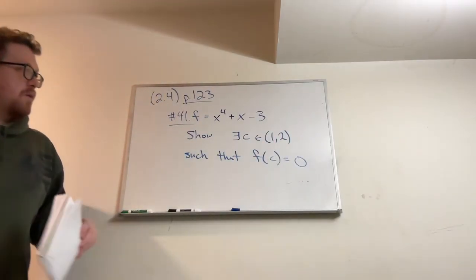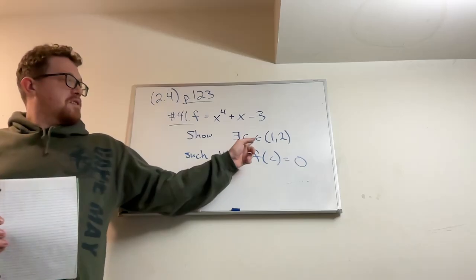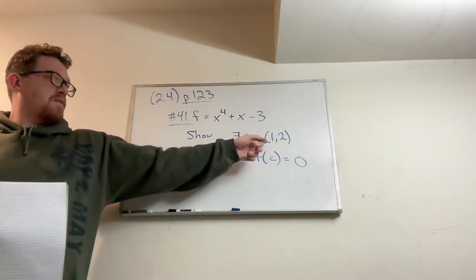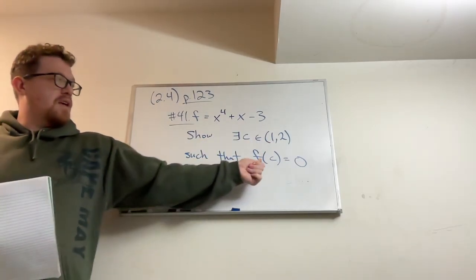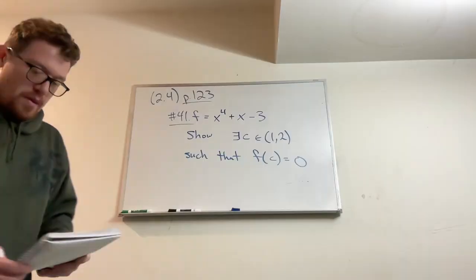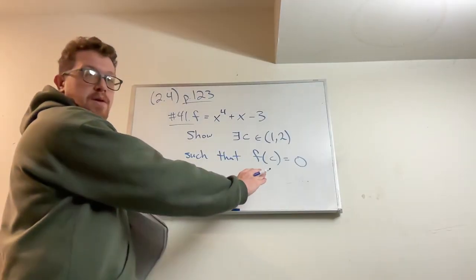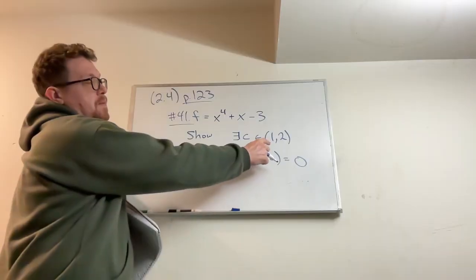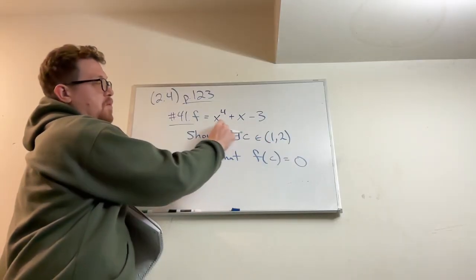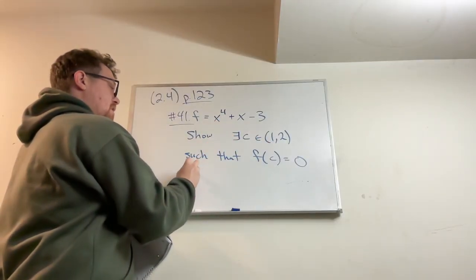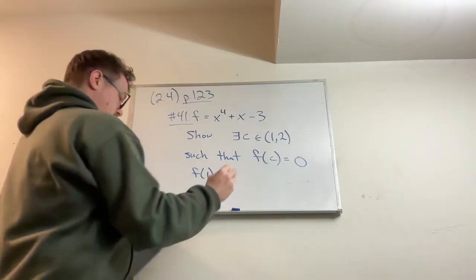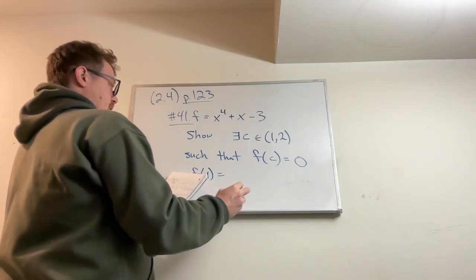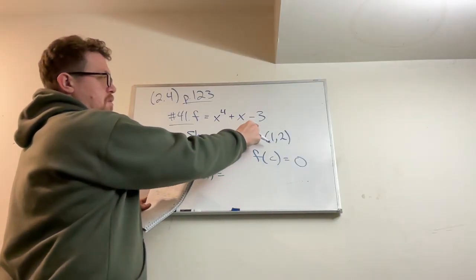So we have our polynomial. We want to show that there exists a value from 1 to 2, at least one value, maybe more, such that when I plug it in, I get 0. Very simply, we look at the endpoints. We're going to use the intermediate value theorem. If I plug in 1 here, I get -1, right? 1 plus 1 is 2, minus 3 is -1.